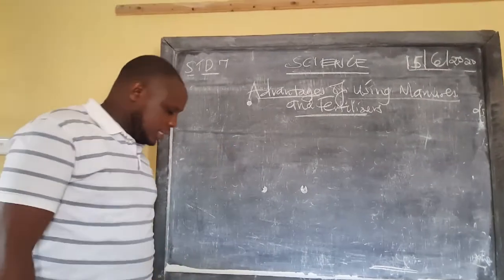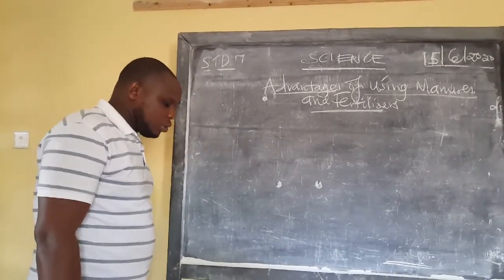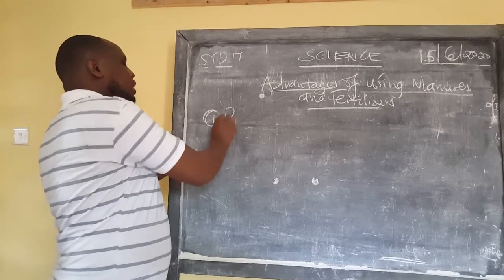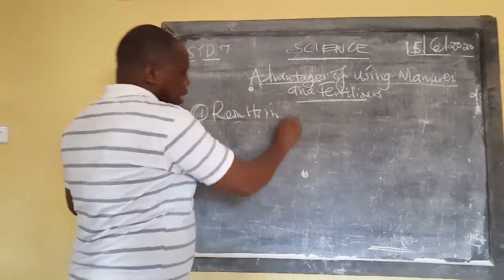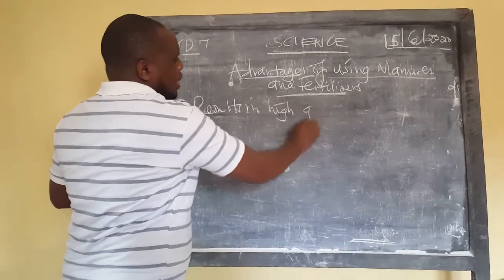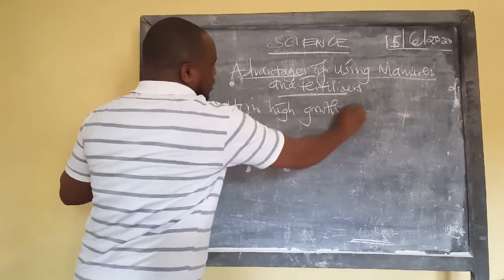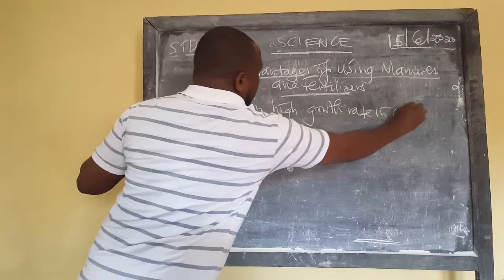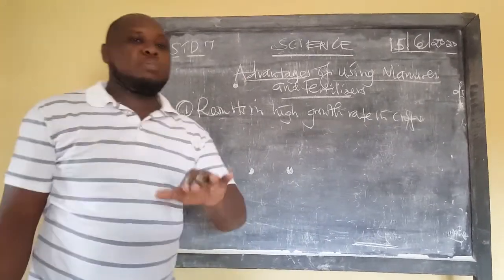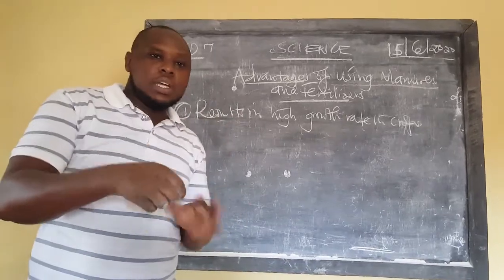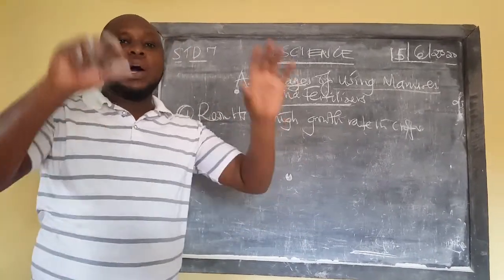Number one, it results in a high growth rate in crops. You can compare two plants that will grow at the same place, and add manure to one plant, and then see how they grow.